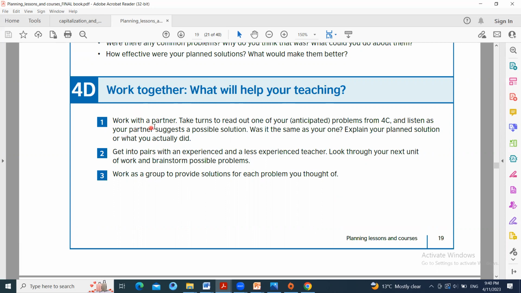Work with a partner, take turns to read out one of your anticipated problems from part C and listen as your partner suggests a possible solution. Was it the same as your one? Explain your planned solution or what you actually did.